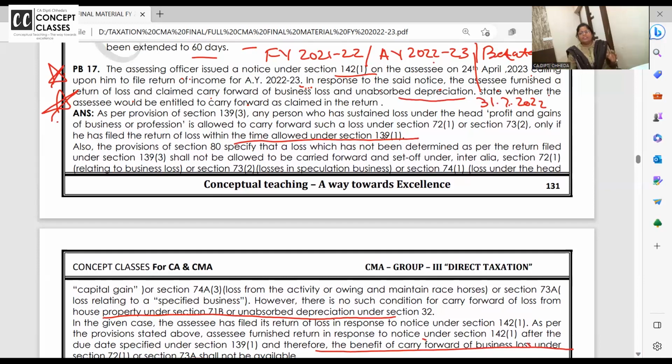Once again, your due date of filing the return is July 22. Okay? And if tax audit is being done, then October 22. Until then, if you want your losses to be carried forward and set off in the next year, you have to file the return on time.